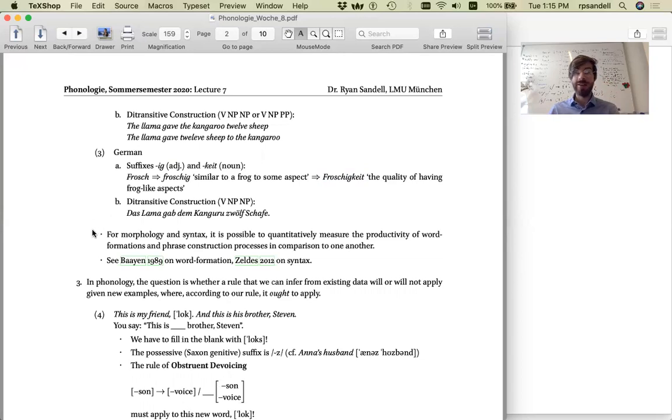Good. And interestingly, for both the morphological and syntactic domains, there's been a good amount of research on how to quantitatively, statistically measure the productivity of word formation and phrase construction processes in comparison to one another.